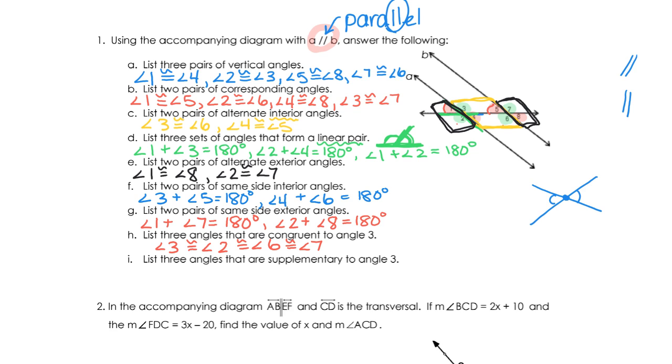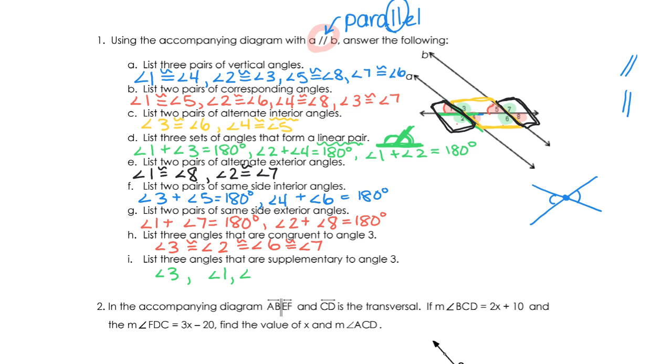List 3 angles that are supplementary to angle 3. All right, so angle 3 would be supplementary to all the red ones. So angle 1 would be supplementary to angle 3.